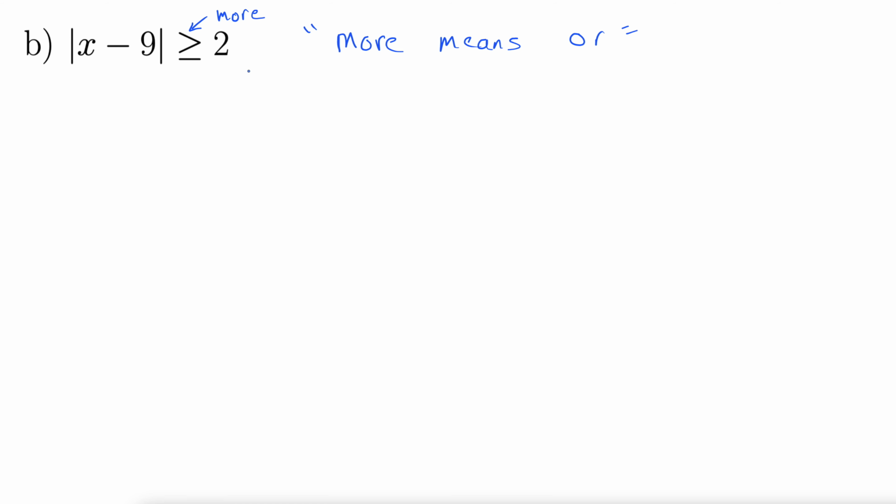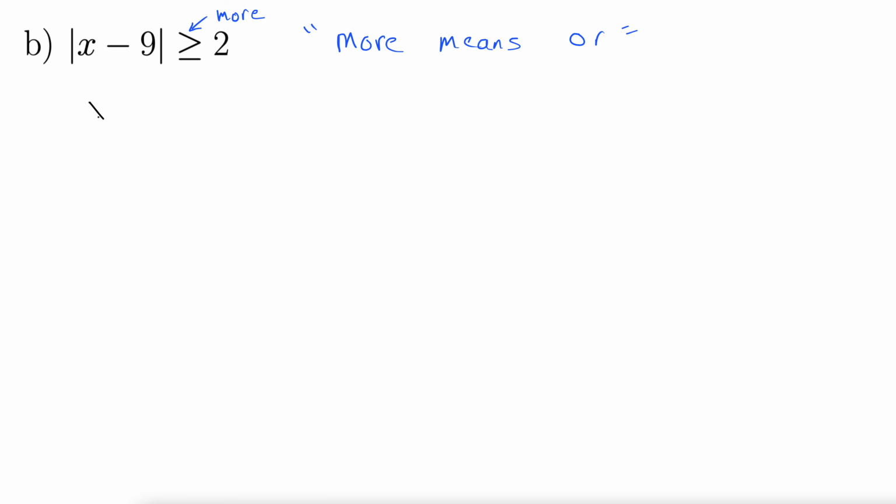This "more means or" method works as long as the absolute value is on the left side and the number is on the right side. If the absolute value is on the right, you have to rearrange things a little bit to get it on the left. That's the danger of this method. What this actually means is this.